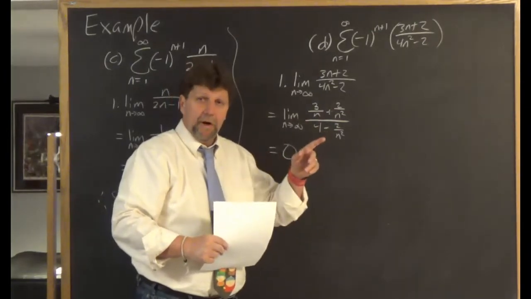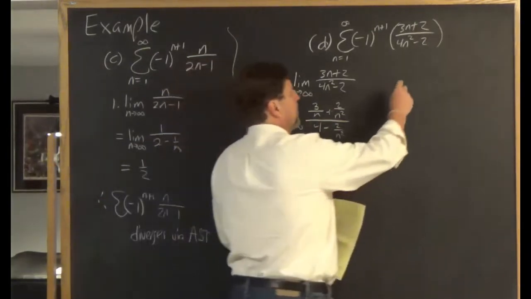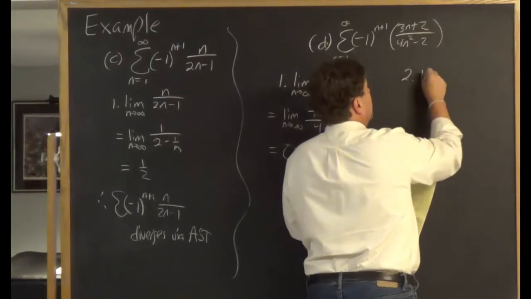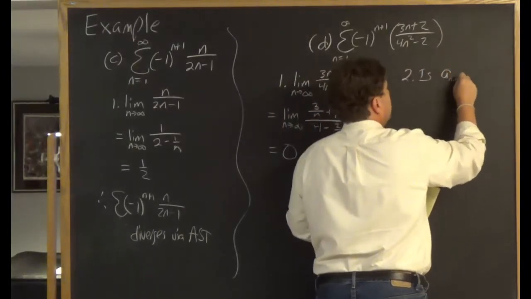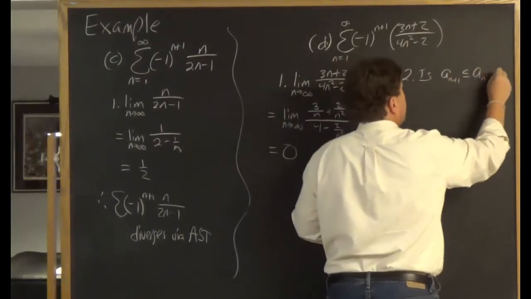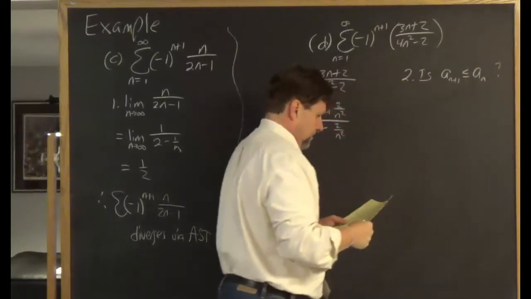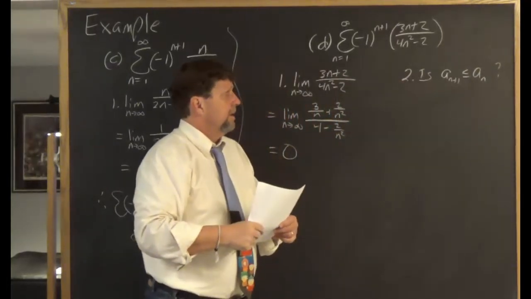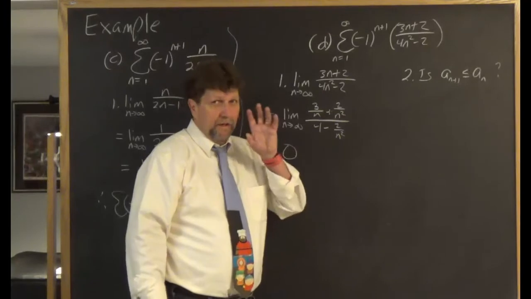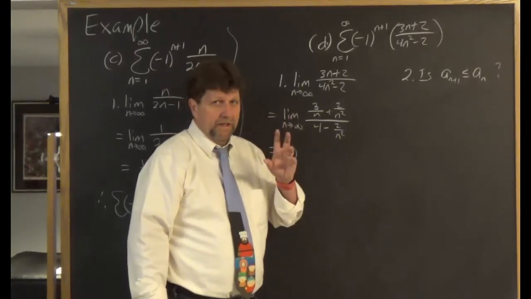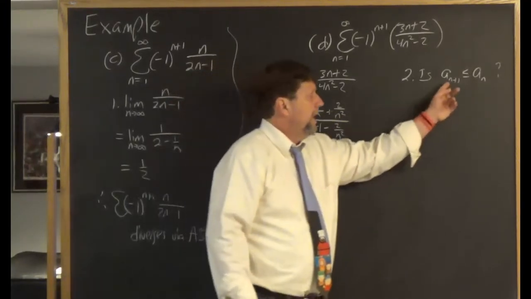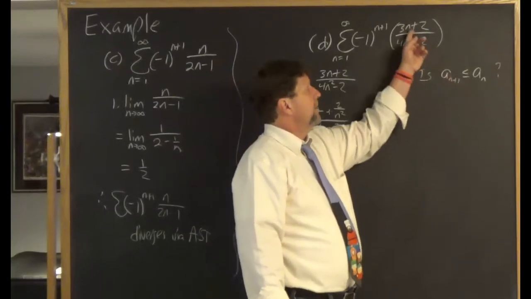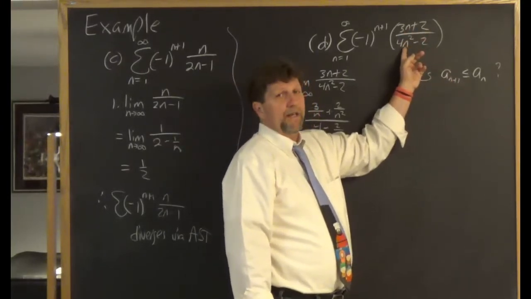So now we need to move to part 2. Remember, part 2 is a sub n plus 1 less than or equal to a sub n. And now look at this. I'm going to babble and look at the same time. A sub n plus 1, so I'd be putting n plus 1s in for the n here.